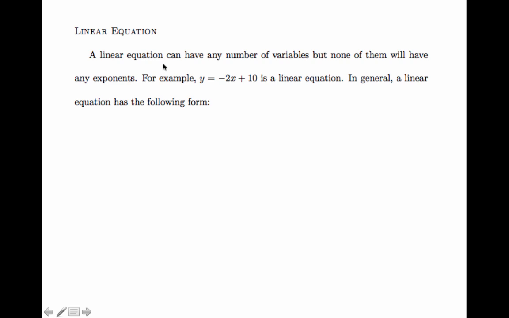In general, a linear equation has the following form: y equals mx plus c, where m is the slope coefficient and c is the intercept coefficient. We'll get into the details of what m and c mean later, but for now, let's just understand that this is the generic look of a linear equation.